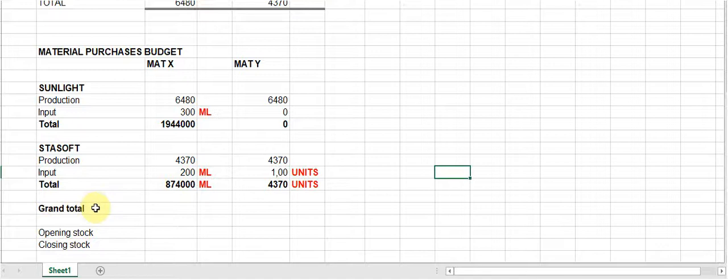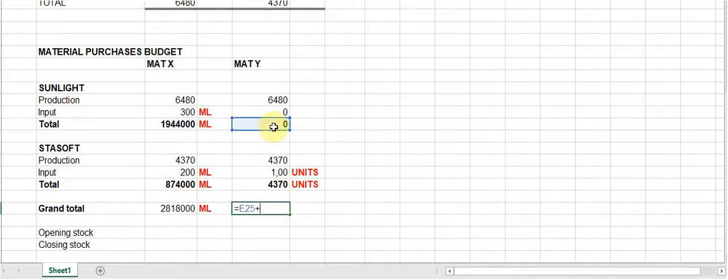So I'm just going to say the grand total here, of course this is also milliliters, will then be the sum of these two. So it is this total plus that total. But this is still milliliters. Of course, this we need to add up as well, these two totals, and this is still, of course, units.